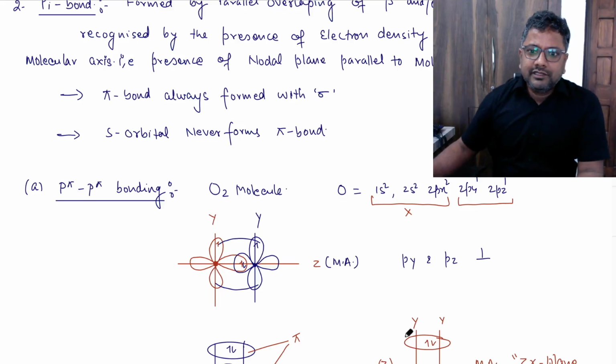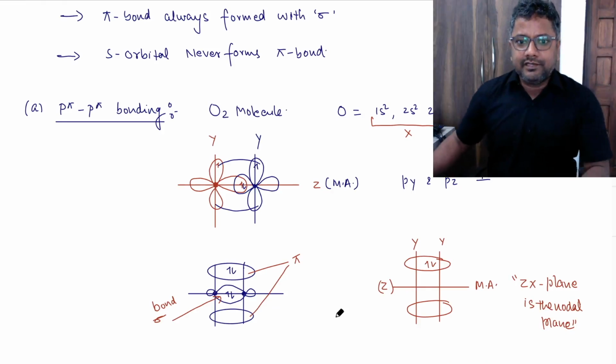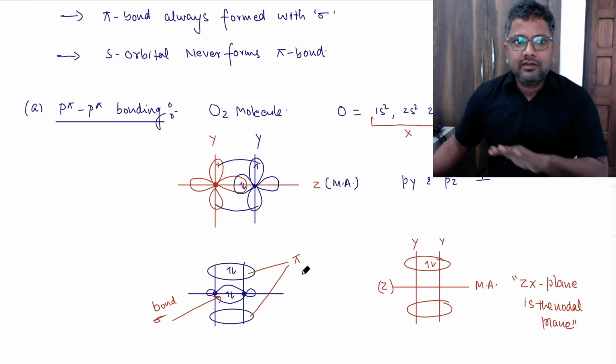So this theory, valence bond theory, overlapping of orbitals, cannot fully explain all the properties of a molecule.